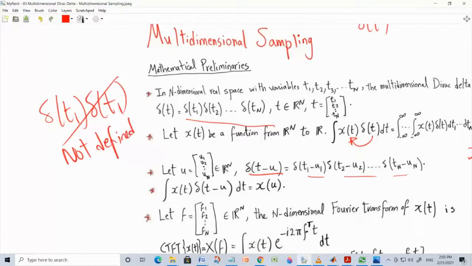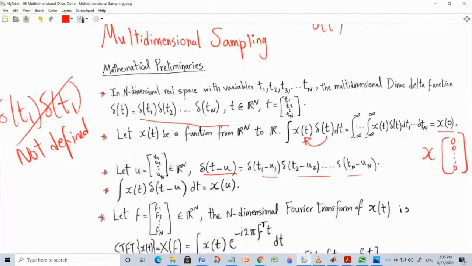But what we have here does not contradict the general rule, because those are different variables. Dirac deltas of different variables are okay, and we can stack them to multiply together like this. But what is not allowed is having a Dirac delta of t1 and then of minus t1, or any other thing involving t1.